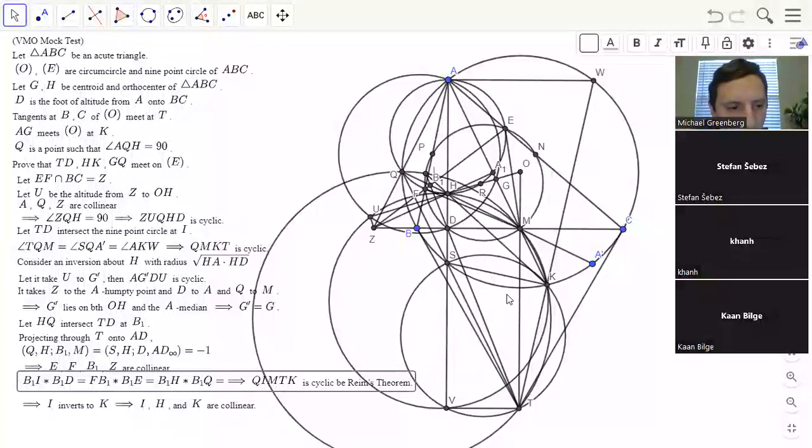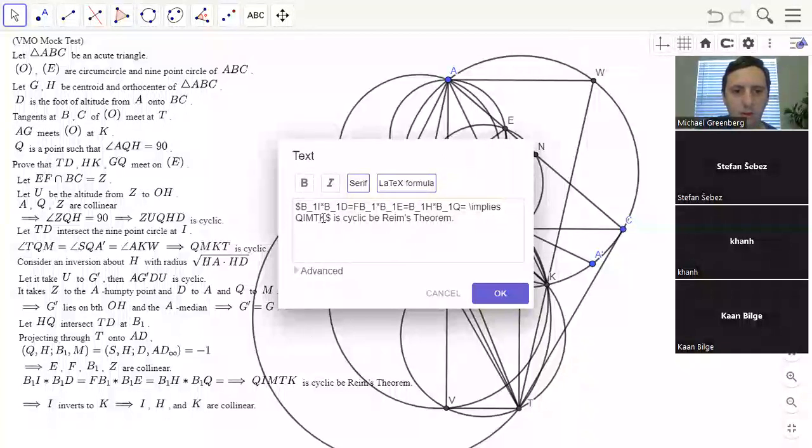So ID. No, we would, QIHD, yeah. QIHD is cyclic. And it's not Reim's theorem, I know.